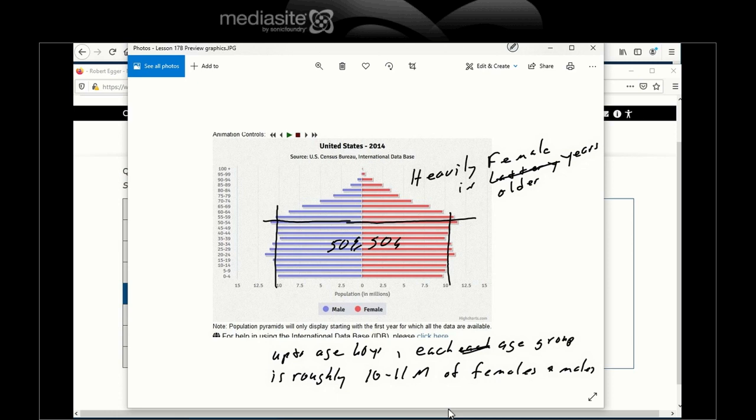So how many age groups are there? 1, 2, 3, 4, 5, 6, 7, 8, 9, 10, 11. 11 times 20 is about 220 million of the population is 55 and under.